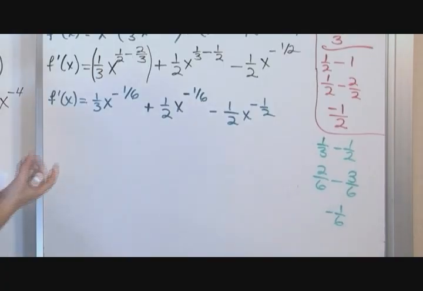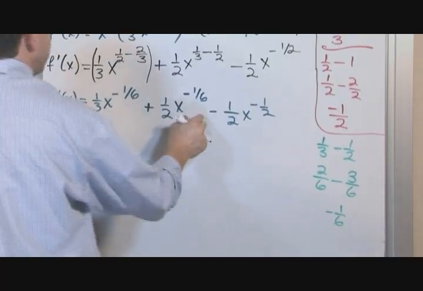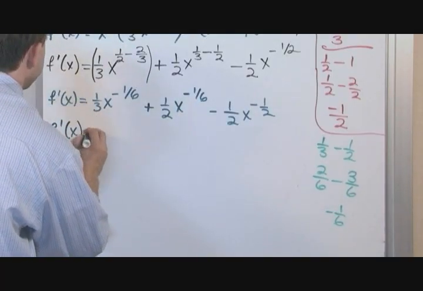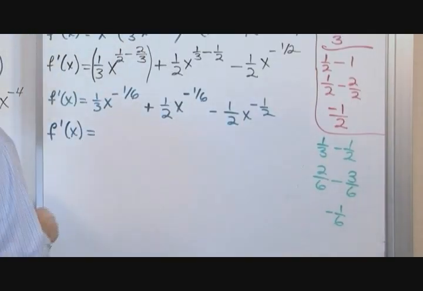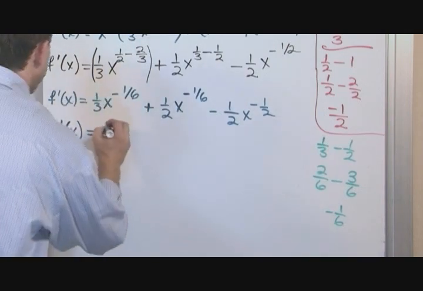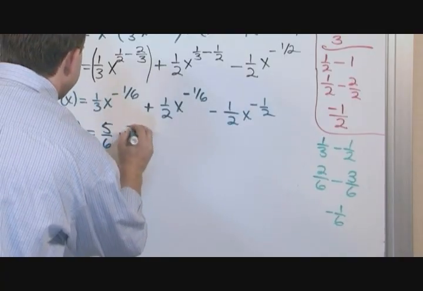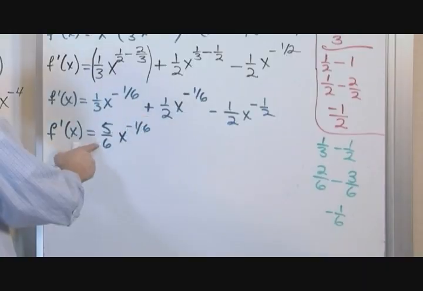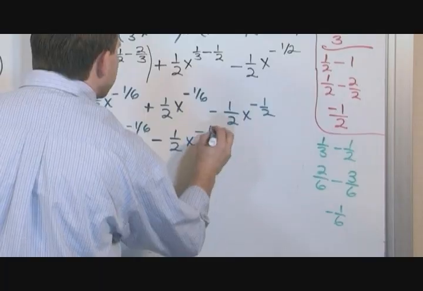Now I can do a little bit more simplification because I have these guys which are common. But now I have 1/2 plus 1/3. So f prime of x is equal to, when you take 1/2 plus 1/3, you can simplify that and add those fractions together. You're going to get 5/6. So what you're going to have is 5/6 x to the negative 1/6, adding these two terms together, and then minus 1/2 x to the negative 1/2.